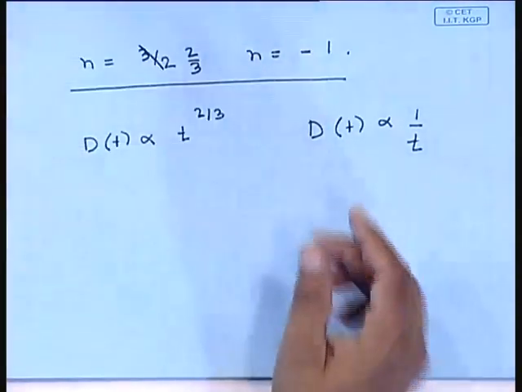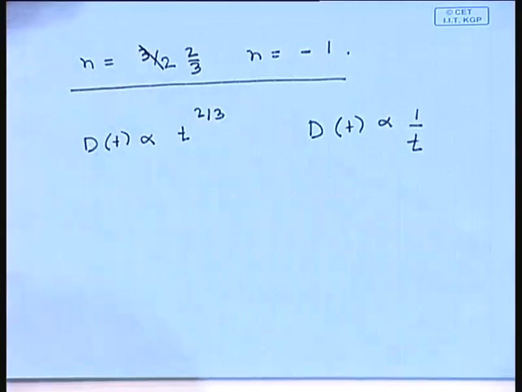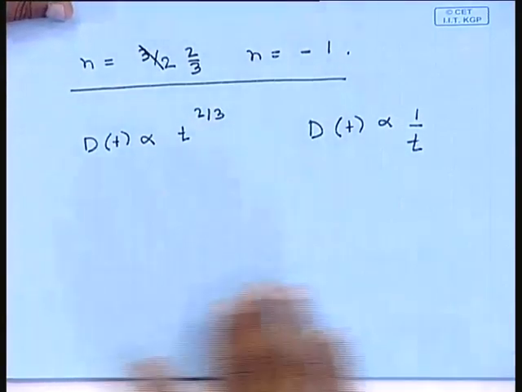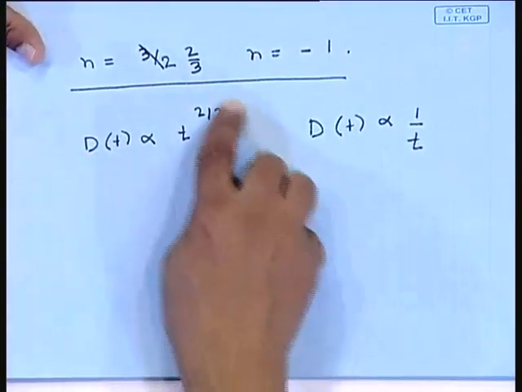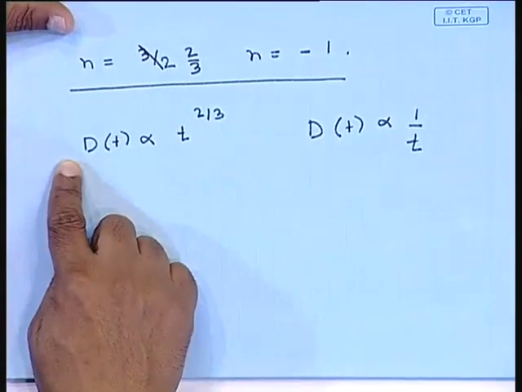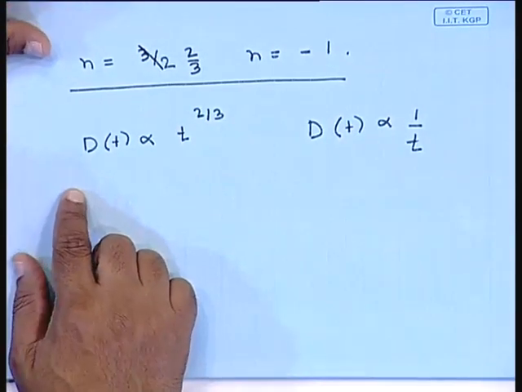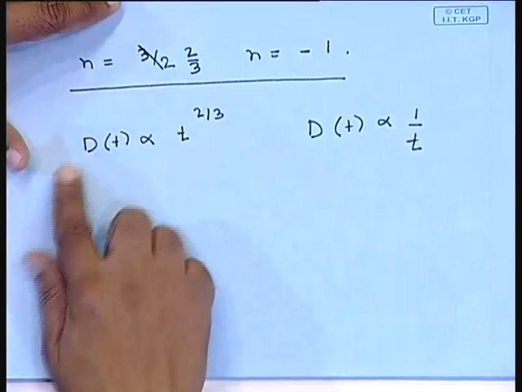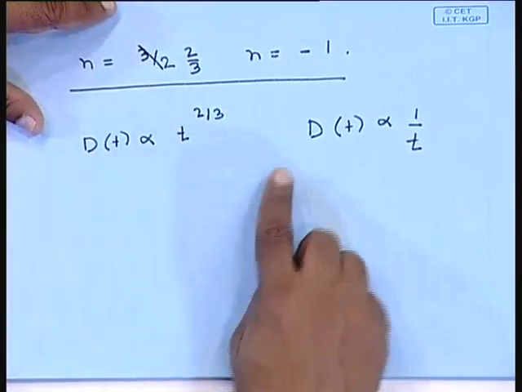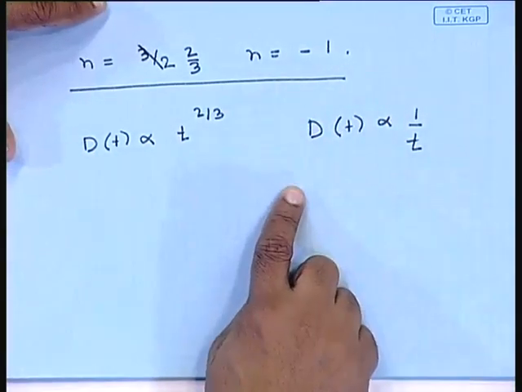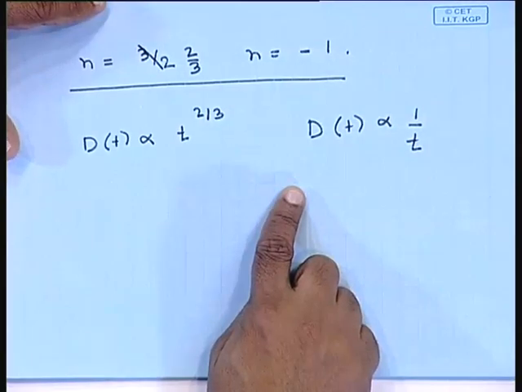The same thing happens if I do the analysis in an expanding universe. If I put an arbitrary perturbation, a part of it grows. It does not grow exponentially, it grows slower. It grows as a power law in this case. A part of it decays away as 1 by t. The decay is also not as fast as it was when there is no expansion, but the main feature remains the same.